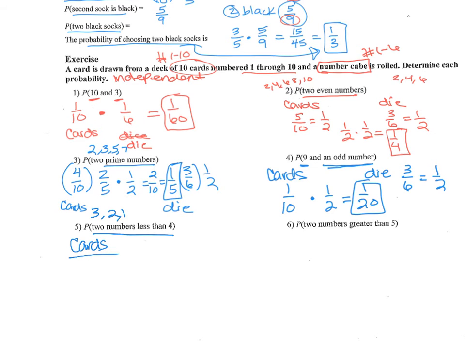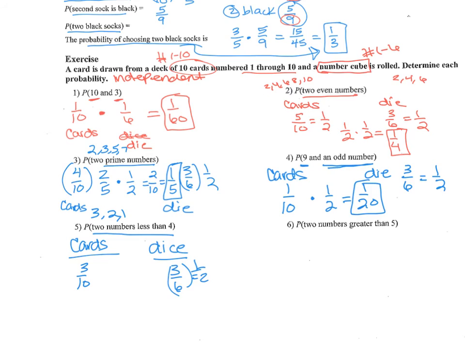How many numbers are less than 4 with those cards? We've got 1 through 10, so 3 over 10. And then your die should be 3 over 6, which reduces down to 1/2.